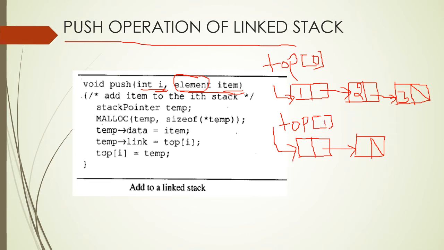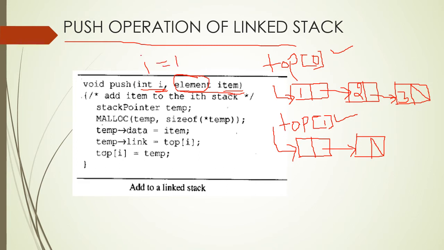So if you want to insert a new element, you have to clearly specify to which stack you want to insert, whether stack number 0 or stack number 1. That is represented by the variable i. Let us assume I want to insert an element into stack number 1, so in this case the value of i is equal to 1.